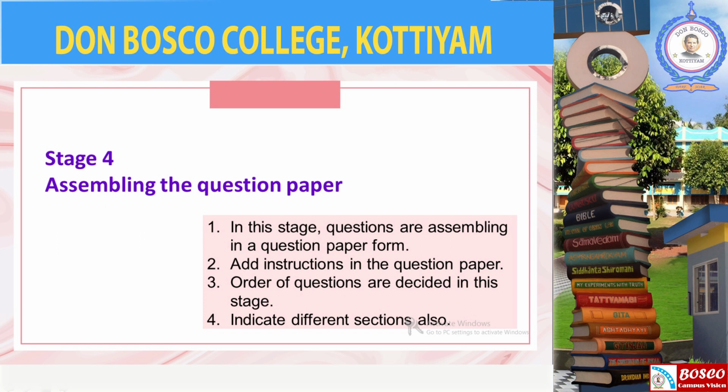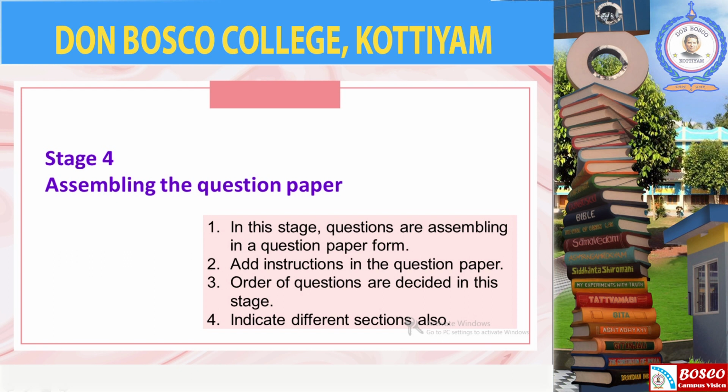Okay, so you must include instructions, and the order of the questions is decided in this stage. Okay, which should come first. Normally in a question paper, MCQ or objective type questions are arranged first. After that, very short answer type, then short answer type, and the last section is essay type. So the order of the questions is decided in this stage.